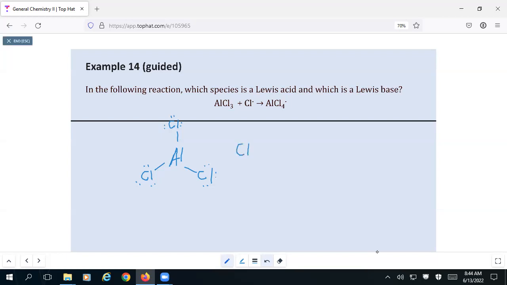And we've got chloride ion here filled up with electrons to the max. In the process, making this tetrahedral aluminum chloride complex.